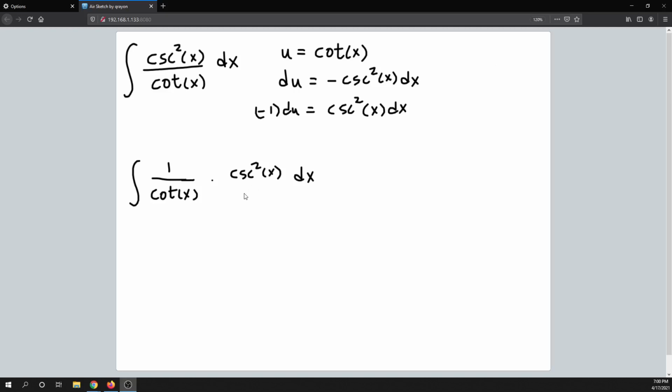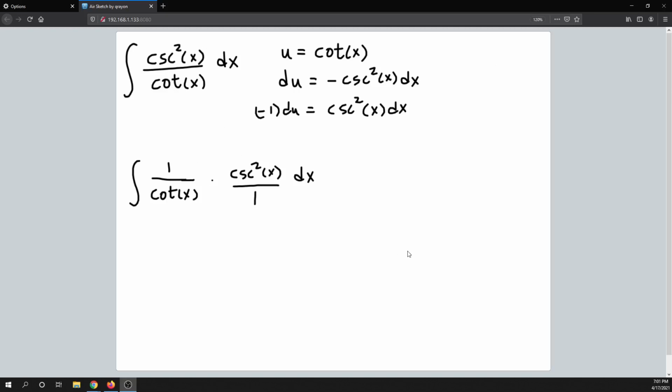Again, as I've mentioned in some previous videos, if that looks fishy to you, remember you can always write cosecant squared x as cosecant squared x over 1, and then multiply these fractions together. Cosecant squared x times 1 is cosecant squared x. 1 times cotangent x is cotangent x. So multiplying these two fractions gives us exactly this expression right here. So they are exactly equal to each other.